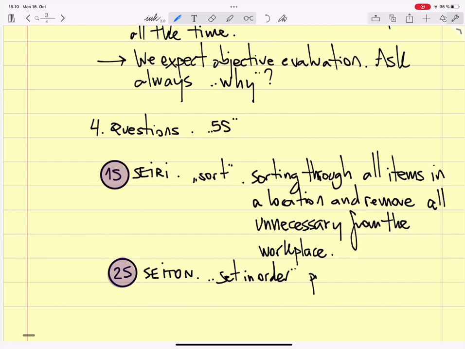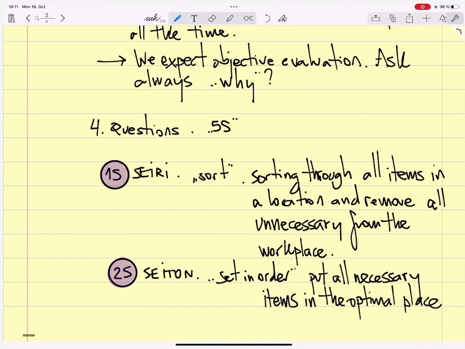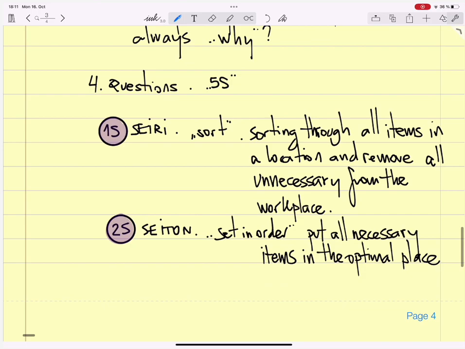Put all necessary items in the optimal place for fulfilling their function.